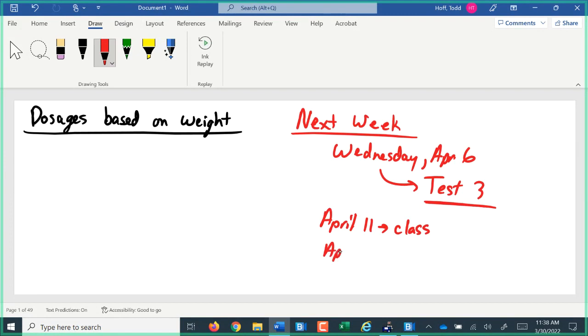But April 13th, we will not. And then, of course, April 15th is Good Friday. There'll be no class on those 2 days because Clayton is on spring break that whole week. We'll only do one class during that week.